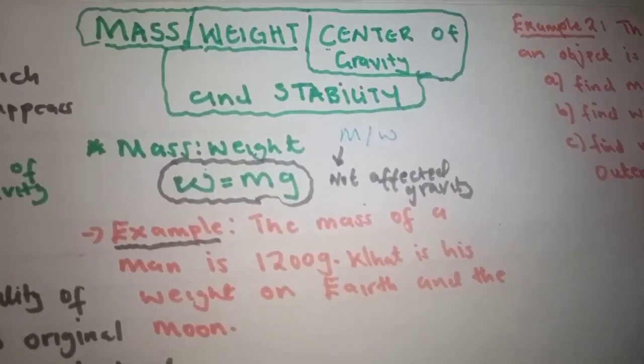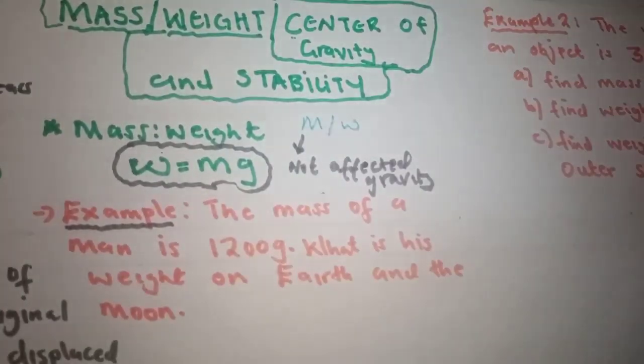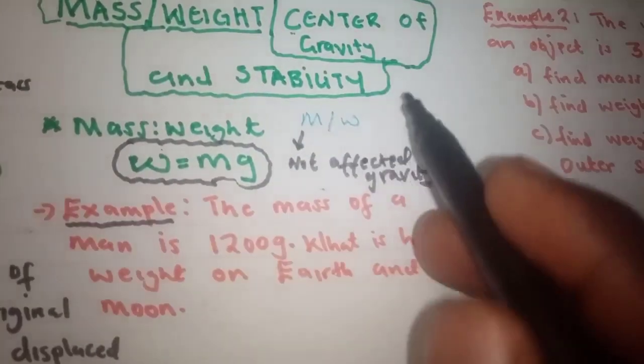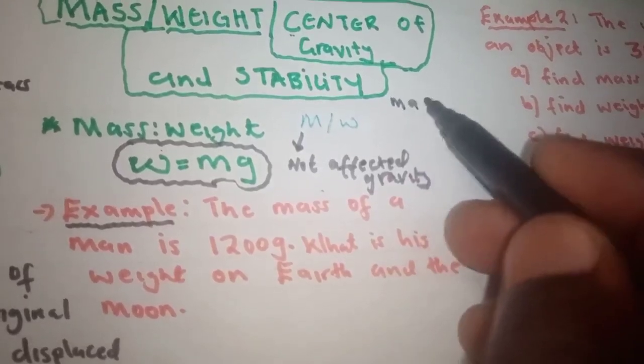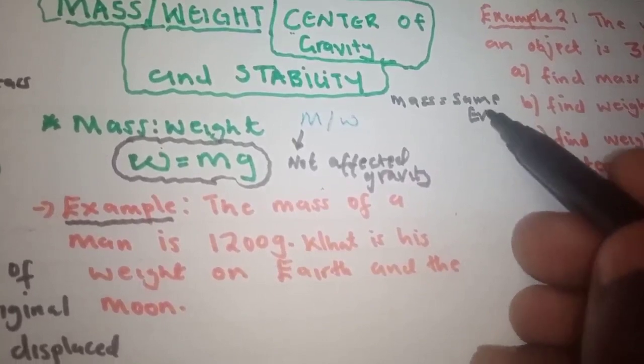This means that mass is basically the same everywhere, could be on Earth, could be on the Moon. Mass is the same everywhere.